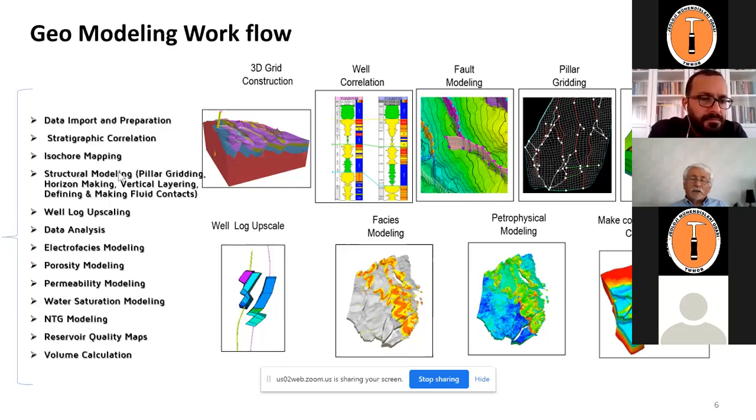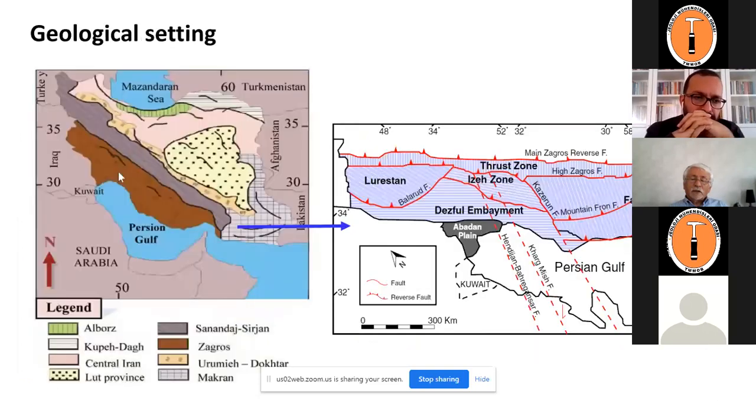And after preparing the data analysis, which includes variography and data transformation, we propagate the electrofacies and also porosity, permeability, water saturation. At the end of this procedure, we need to prepare the net to gross thickness model, and after that we can calculate the volume.